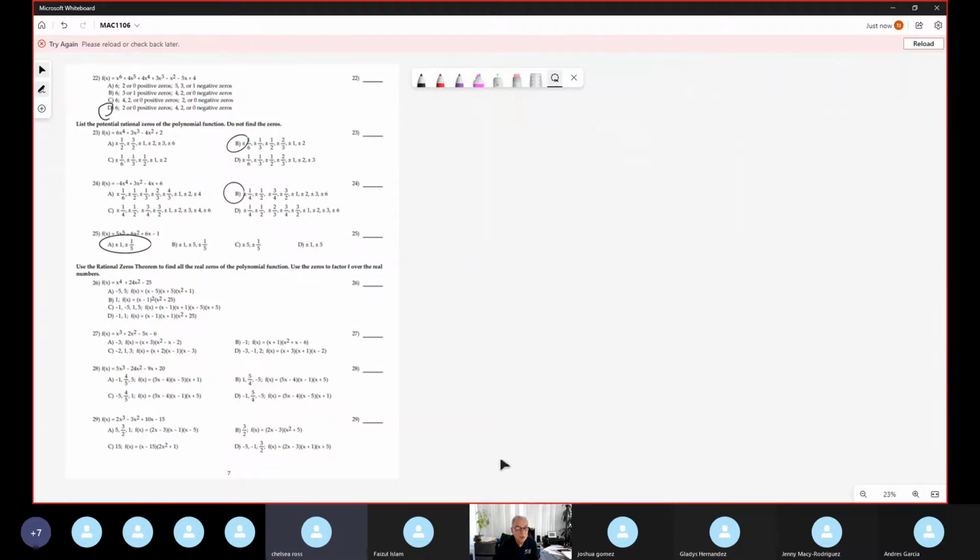26. 26 is classical. f of x is equal to x to the 4th power plus 24x squared minus 25. But in this case, easy because it's a trinomial.